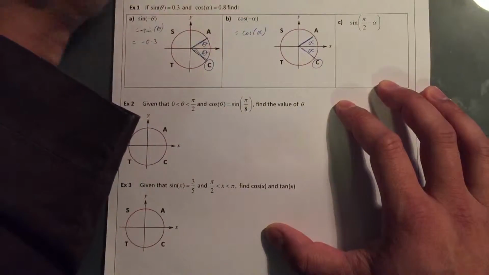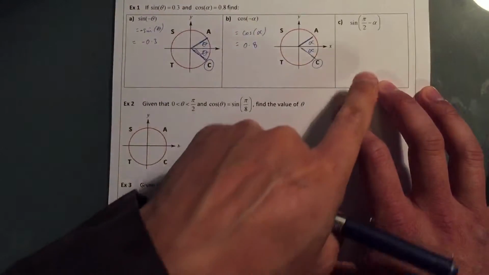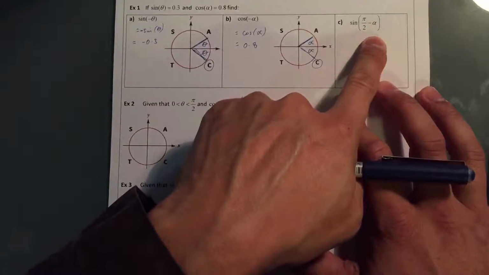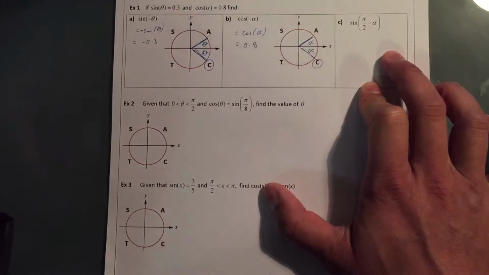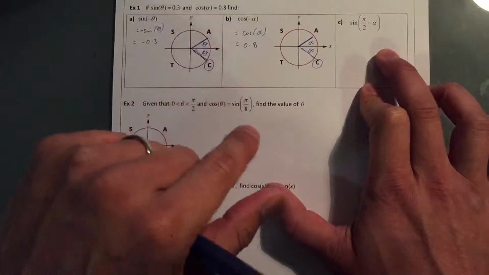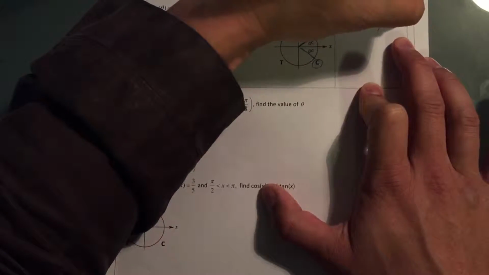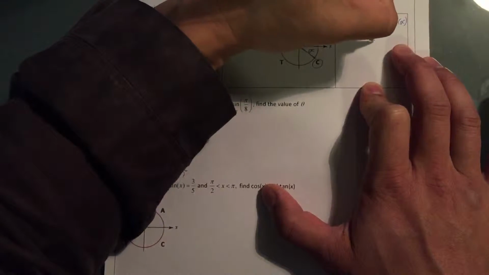So the sign will stay the same, so my answer is 0.8. Over here, find sine of pi on 2 take alpha. We're going to go to our complementary relationships. We know that sine of pi on 2 take alpha is the same as cos alpha. And of course they told us that cos alpha is 0.8.